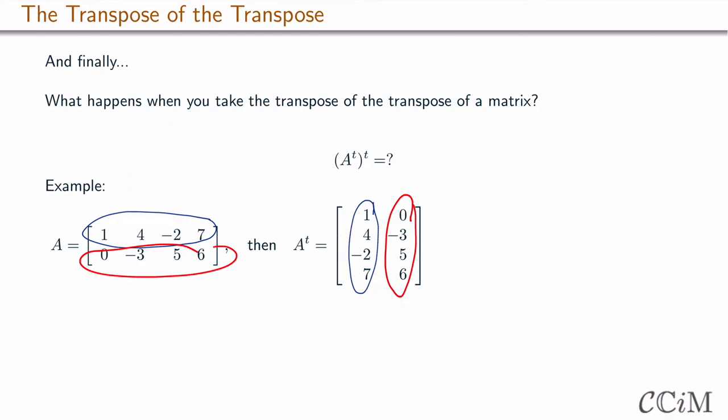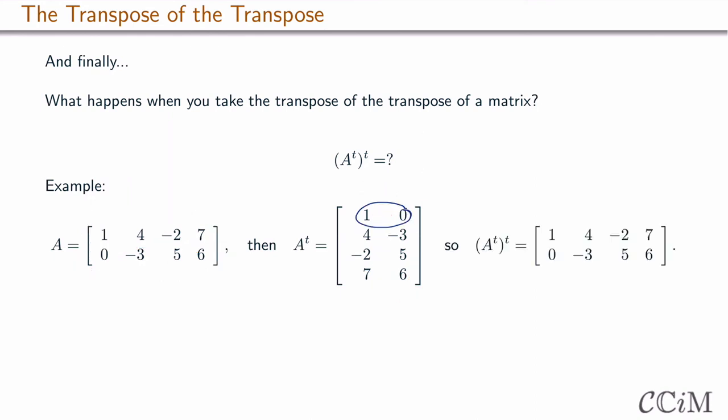Now if I wanted to find another transpose of A transpose, I would have to start with the first row of A transpose, making it into the first column of the transpose of the transpose. The second row of A transpose becomes the second column of the transpose of the transpose. The third row of A transpose becomes the third column of the transpose of the transpose. And finally, the last row of A transpose becomes the last column of the transpose of the transpose.